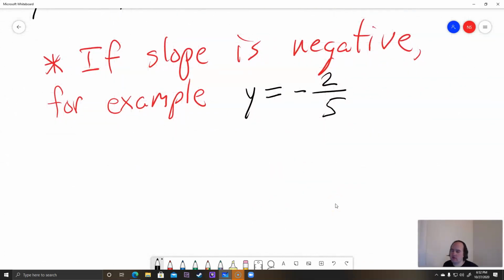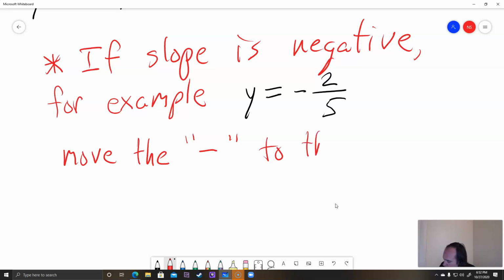Well, how would you do the rise over the run? That's the question. Well, you actually move the minus to the numerator. Okay, so move the negative to the numerator.